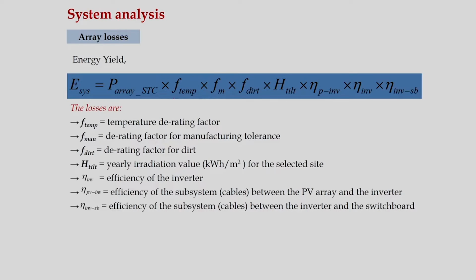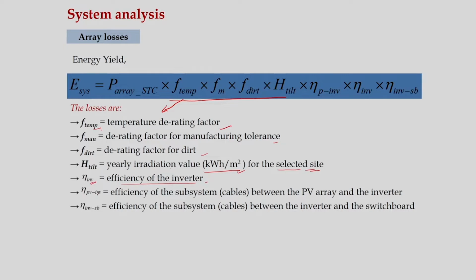Now, if we include this, what are those? F temp means temperature derating factor, F man is the derating factor for manufacturing tolerance, and F dirt is the derating factor for dirt, and H tilt is the yearly irradiation value, which is represented in kilowatt hour per meter square for the selected site, and eta inverter is the efficiency of the inverter.